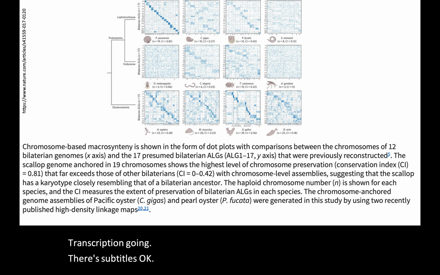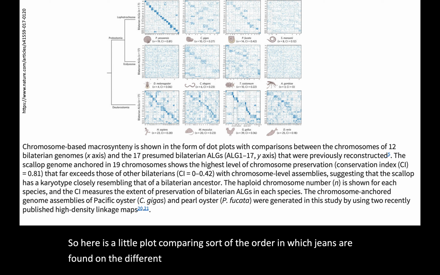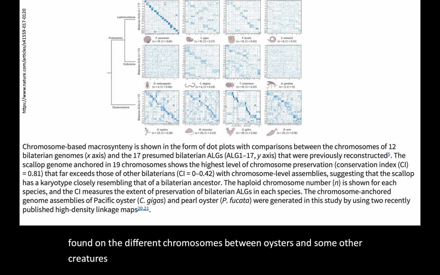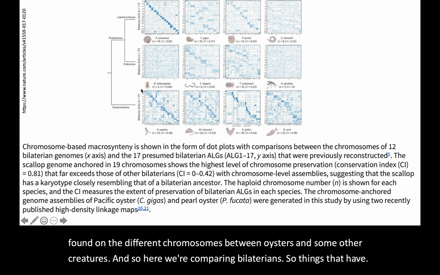So here is a little plot comparing the order in which genes are found on the different chromosomes between oysters and some other creatures. And so here we're comparing bilaterians, so things that have bilateral symmetry.